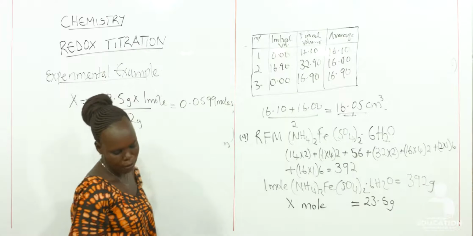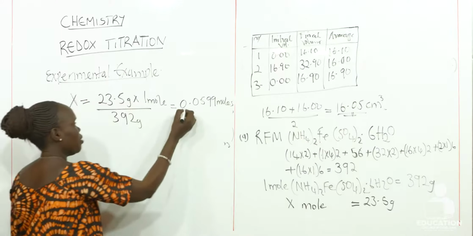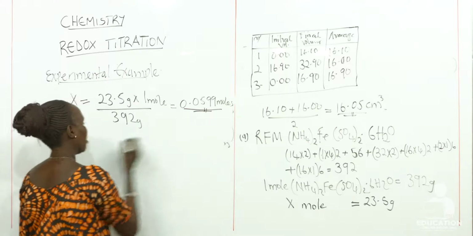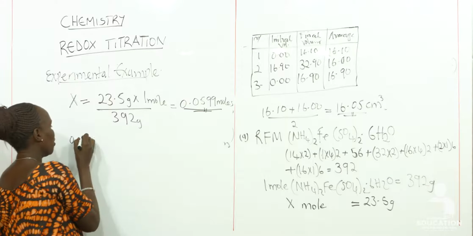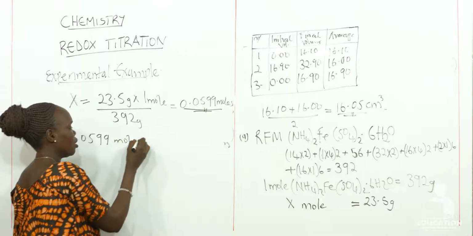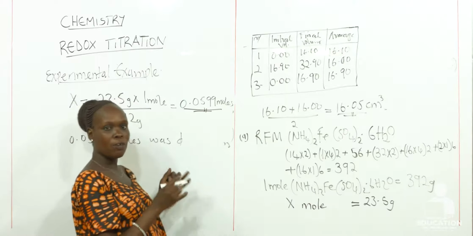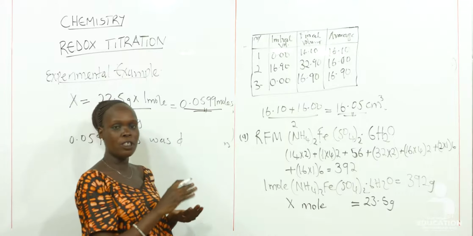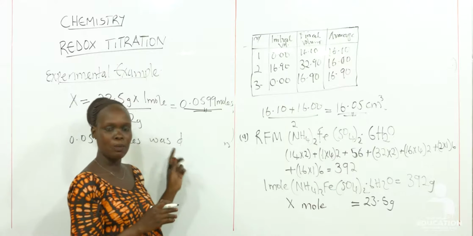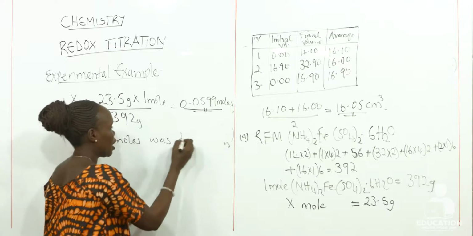So we shall have 0.0599 moles dissolved in 1 decimeter cube. So this value here, 0.0599 moles, was previously dissolved when we were preparing the solution. We dissolved it into 1 decimeter cube. So we need to multiply the number of moles here by 1 to give us the molarity.